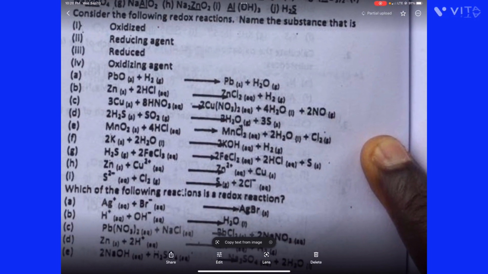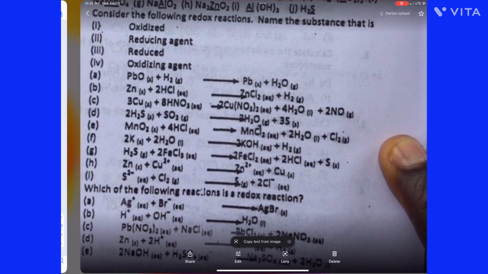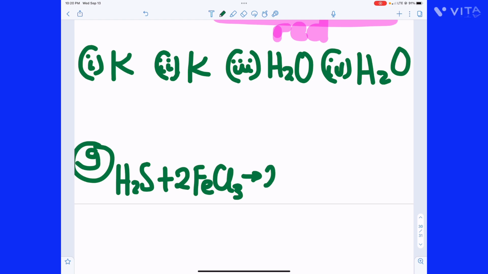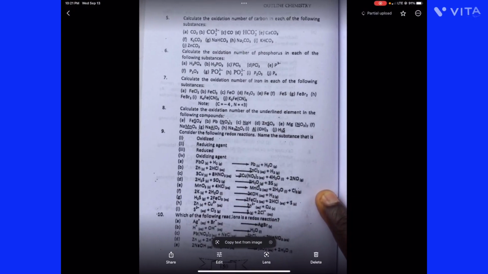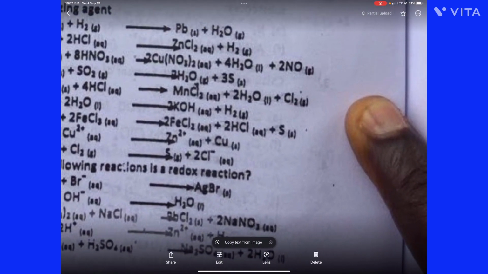H2S plus 2FeCl3 to give 2FeCl2 plus 2HCl plus S. I think that's what we have here.